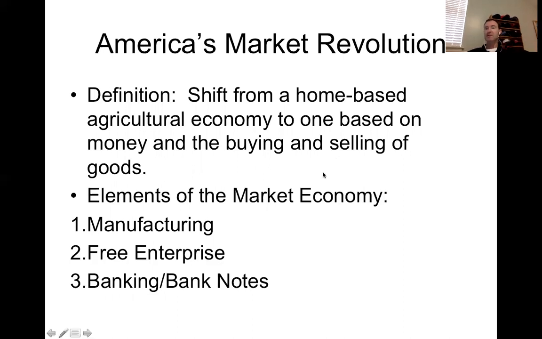Three elements basically define the market economy: manufacturing, free enterprise, and, as we talked about a little bit in our last session, the importance of both banking and bank notes. You're going to continue to see the rise of how this affects people wanting loans, being able to go out and get loans to start a business.